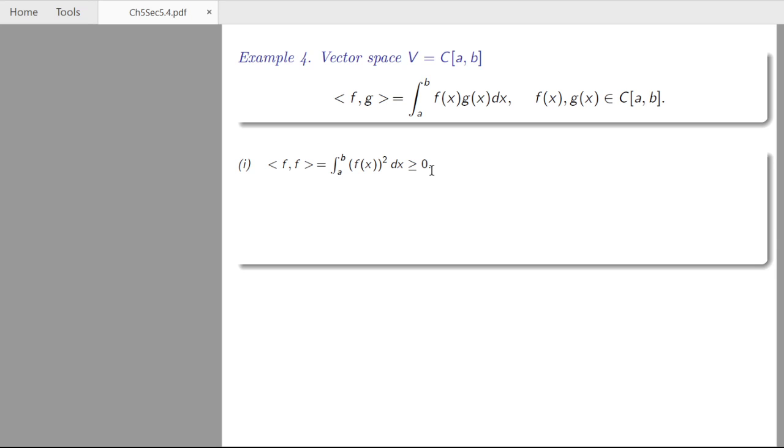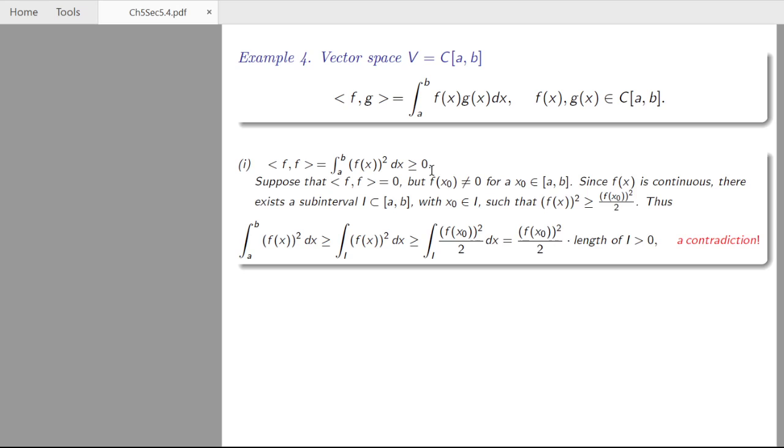Earlier we said that's actually the hardest part. So here is the idea. Suppose the operation between f and f equals 0, but there is one point x0 on the interval where f(x0) is not 0.